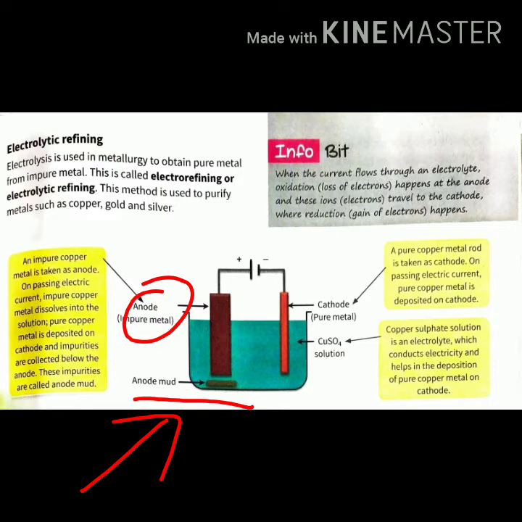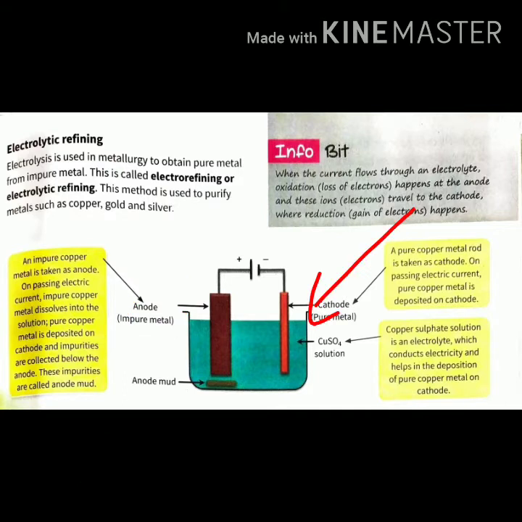After the dissolving of this copper, the pure copper gets collected at the cathode and the impurities get collected below the anode. These impurities below the anode are known as the anode mud. So this is how we get the purest form of metal on the cathode.